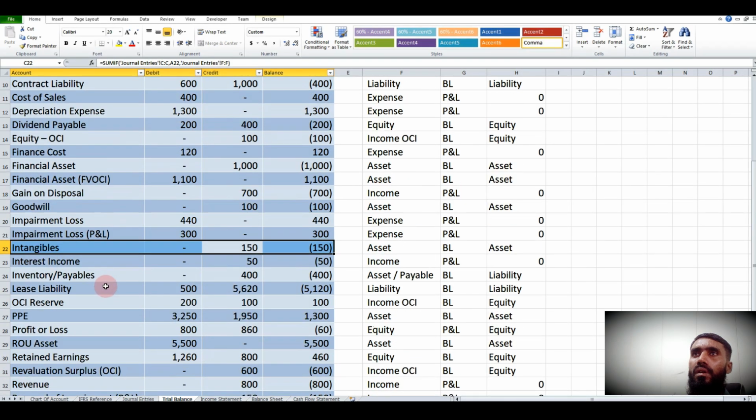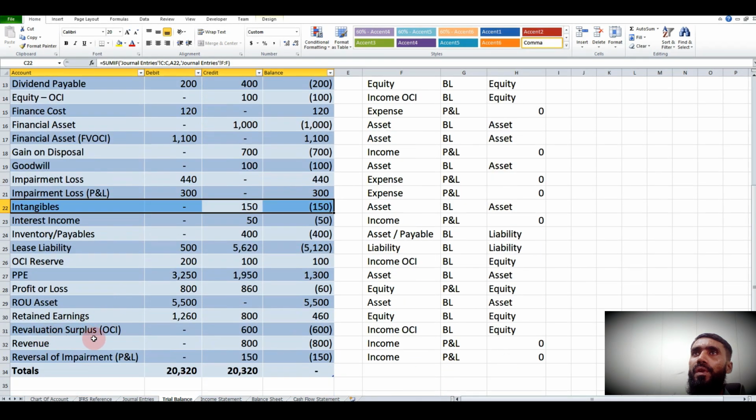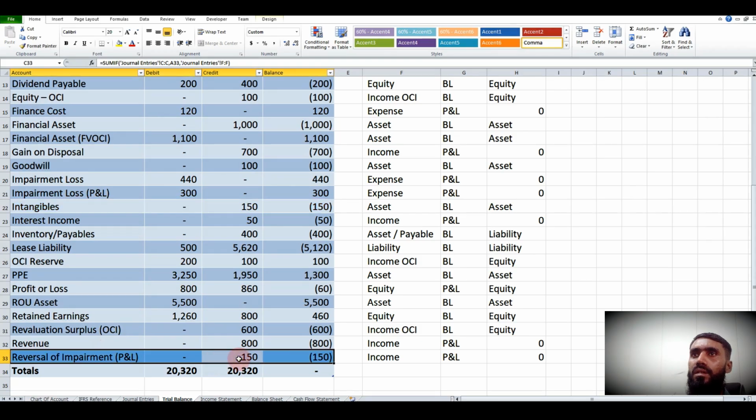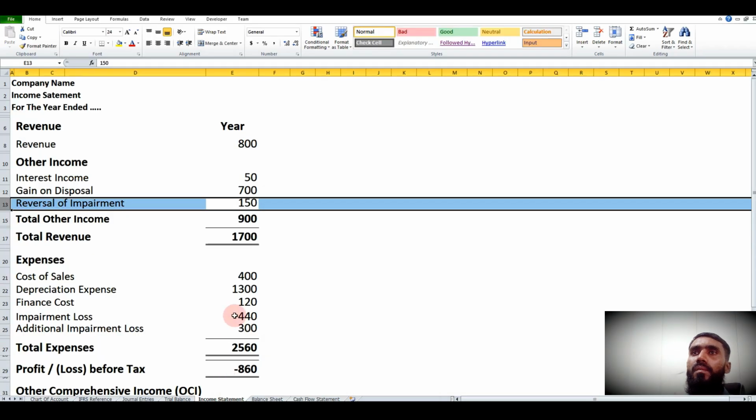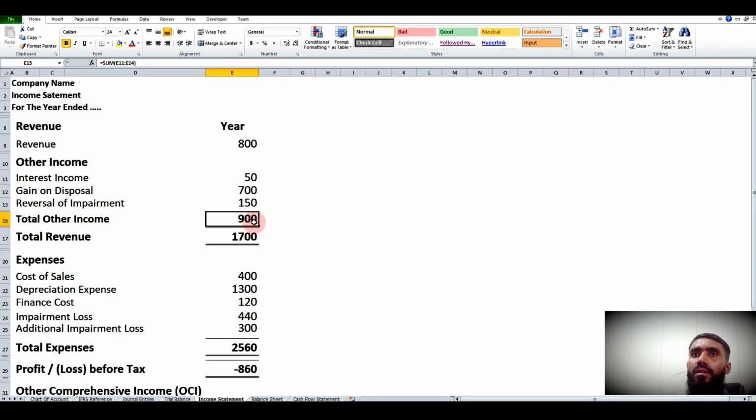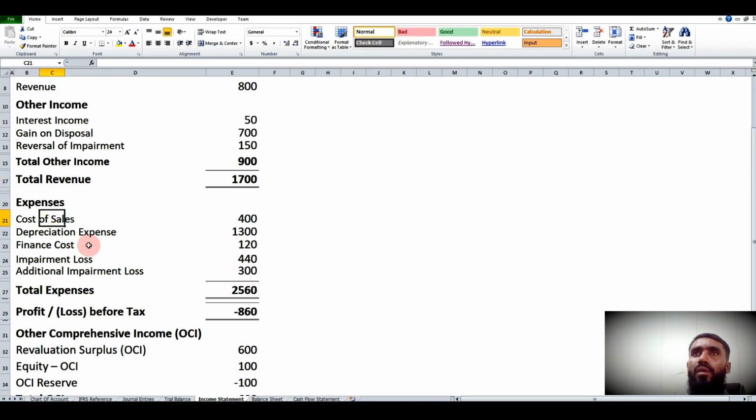It will be easy when you link your income statement, balance sheet and cash flow statements with the trial balance. The total other income is 900, the total revenue 1700.